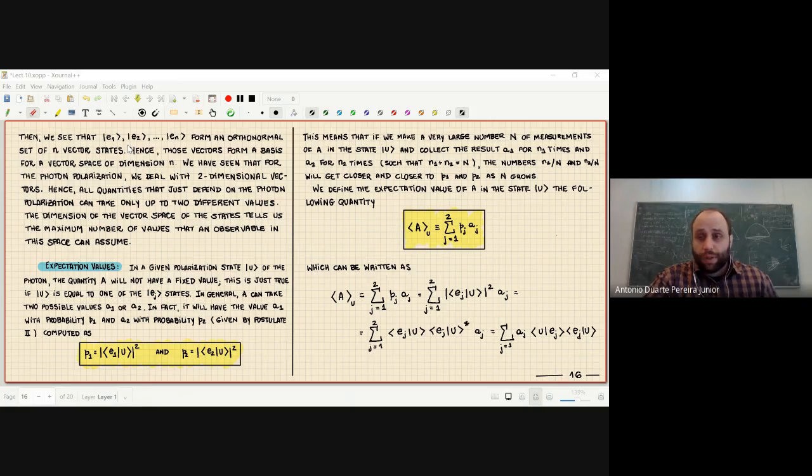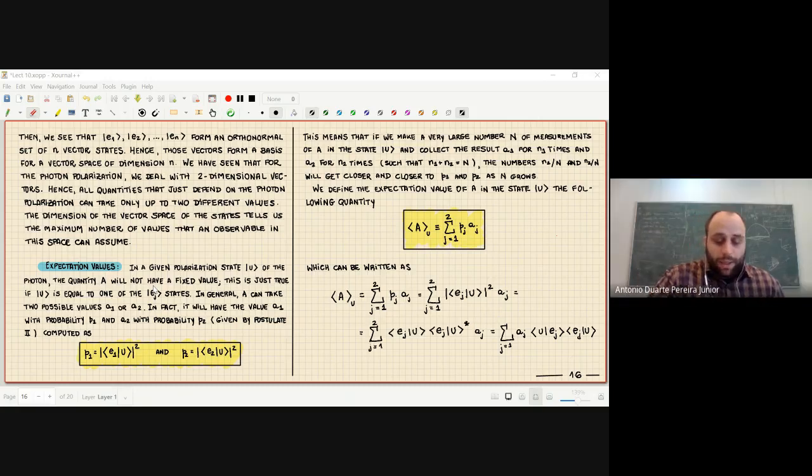And because of that, if I give you a general polarization state U, the quantity A, namely the observable that you're going to measure, has not a fixed value. So as we saw in quantum mechanics, you don't have just a fixed outcome, but rather the probability of getting some possible values.